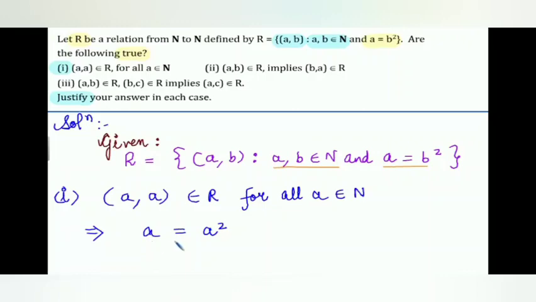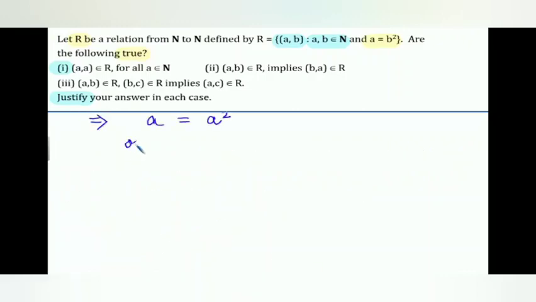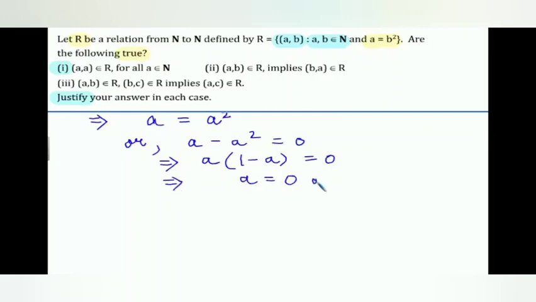So a - a² = 0, so a(1 - a) = 0. So a = 0 or a = 1.